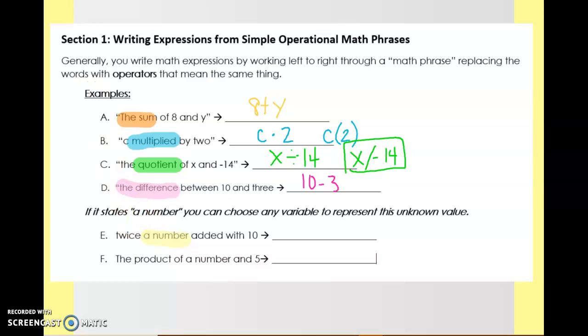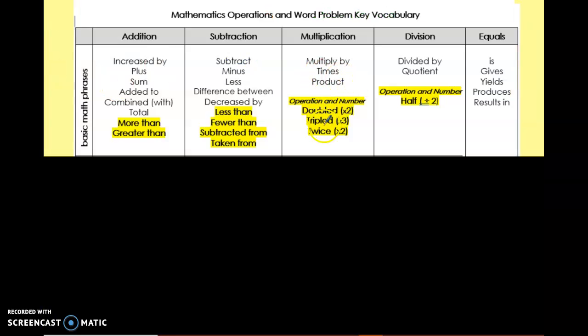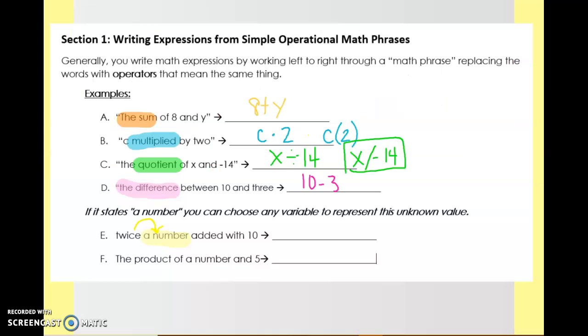Now we've got a couple things going on. It says twice the number. So here's one of those examples where twice a number. So again, I'm going to use X for my number. And twice, if you remember back to our keywords chart, was one of those words like doubled. That twice has an implied operation and number. Twice a number would look something like this, 2x.